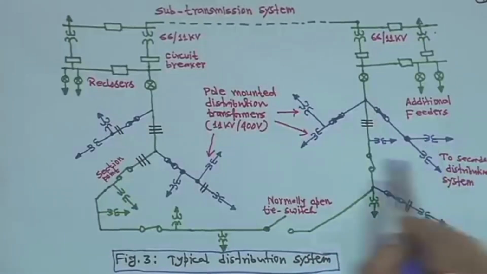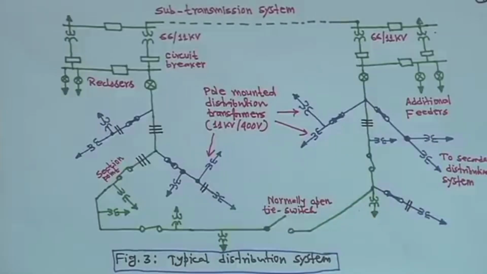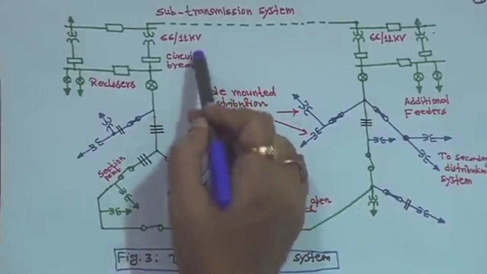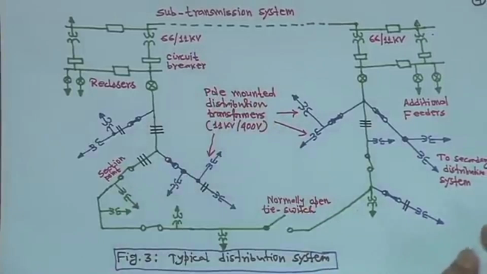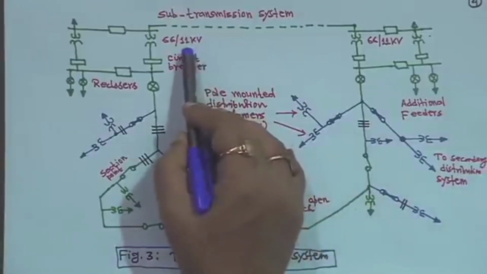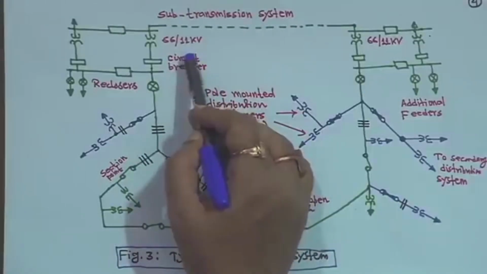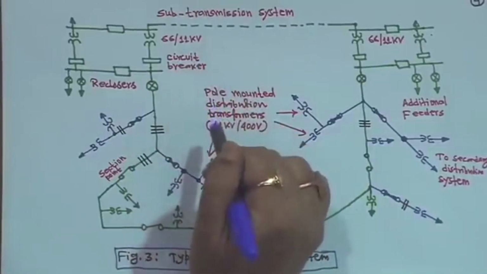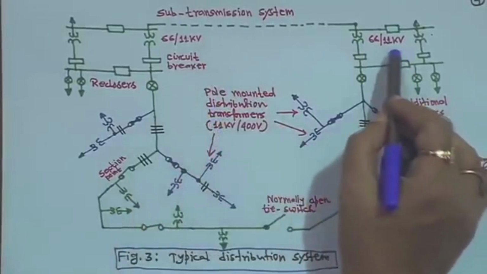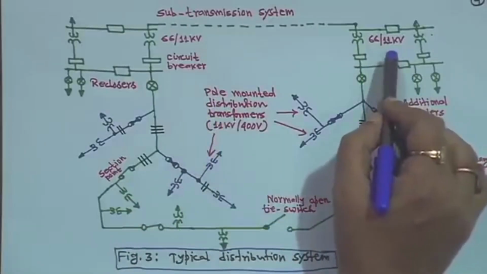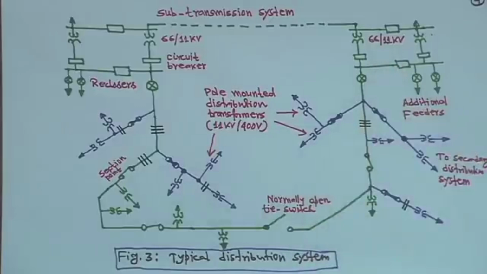These are pole mounted transformers, and here it shows 66 by 11 kV, but in many hilly areas it may not be 11 kV; in some cases it is a lower voltage level, maybe 6.6 kV, in some cases even 3.3 kV, right. But the standard in most places is 11 kV. These are the schematic diagrams of a typical distribution system.